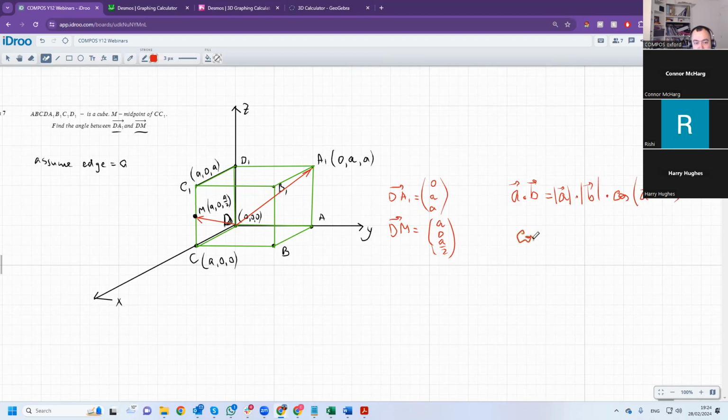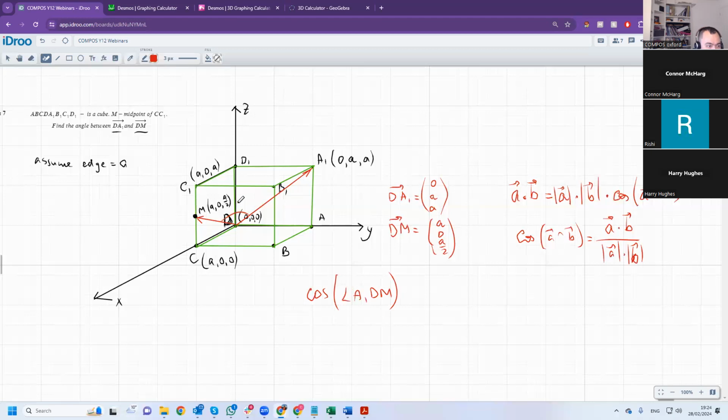So if you want the cosine of the angle between two vectors, you need the dot product of the two vectors divided by modulus A multiplied by modulus B. So in this particular case, you need the cosine of the angle A1DM, because that's the angle in question.